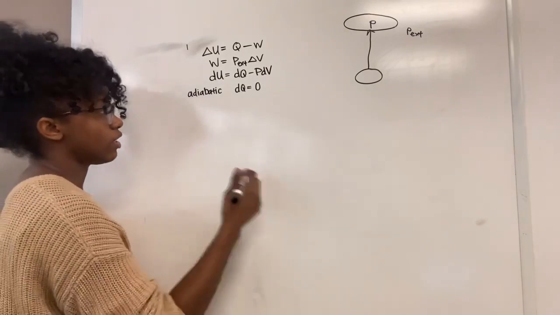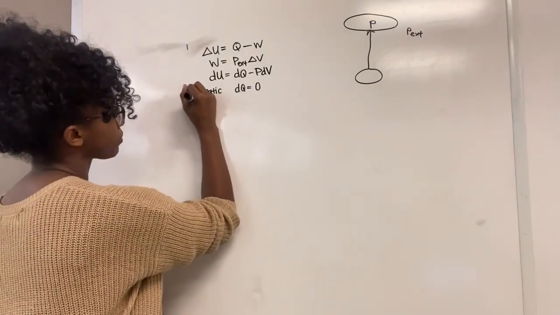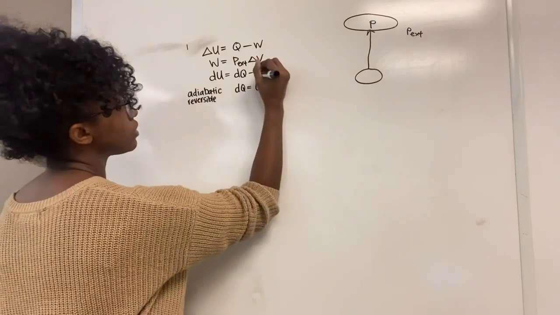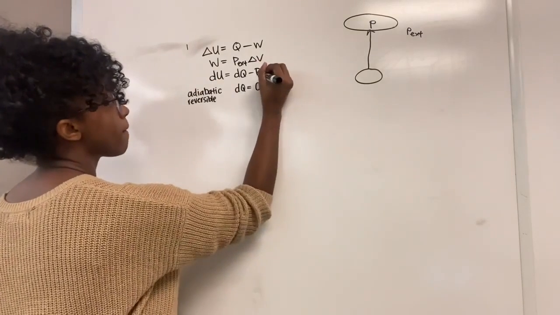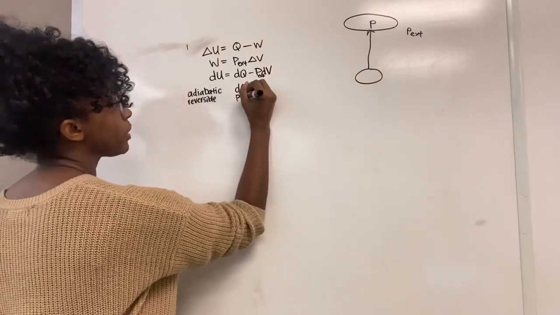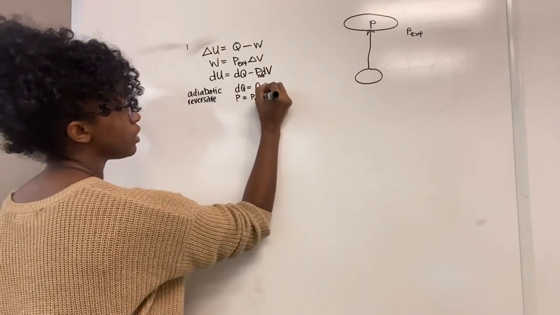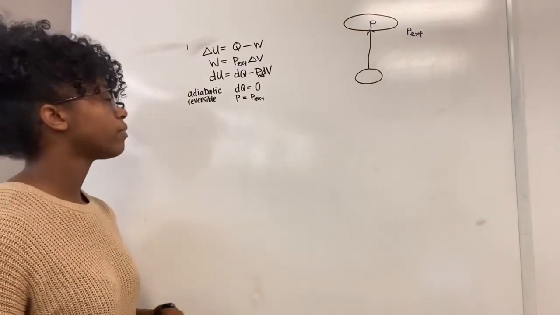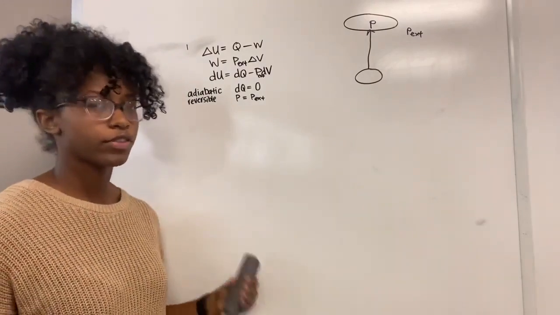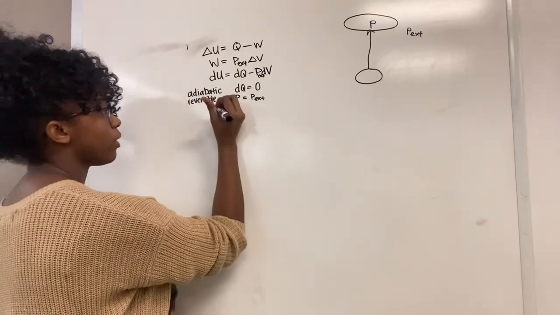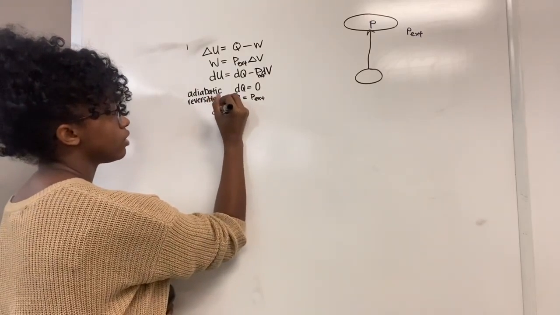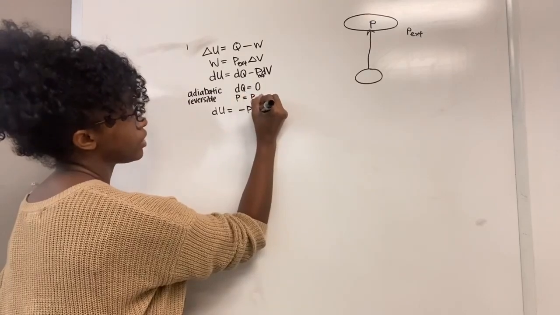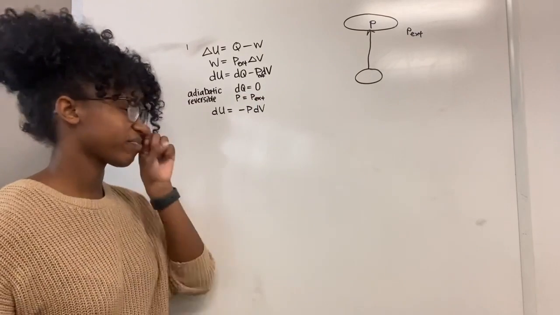And it being reversible, this is P external. P is equal to P external. So we can rewrite the first law of thermodynamics equation that we derived to be dU is equal to negative P dV.